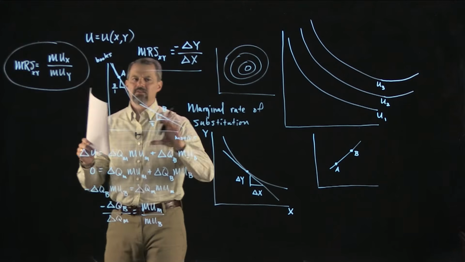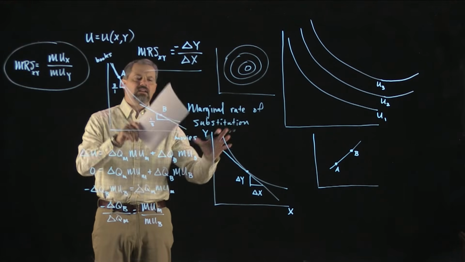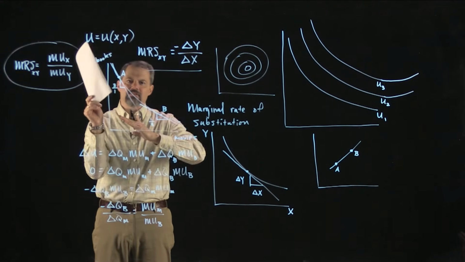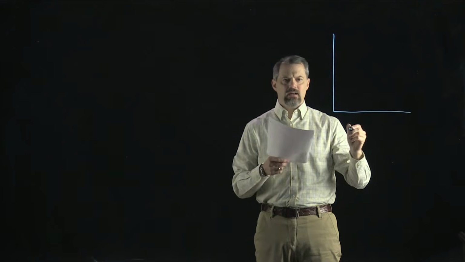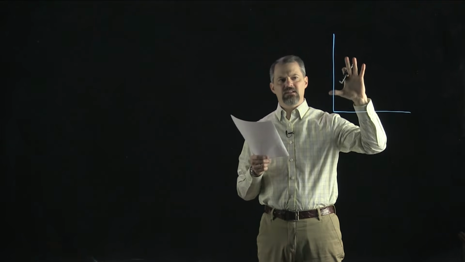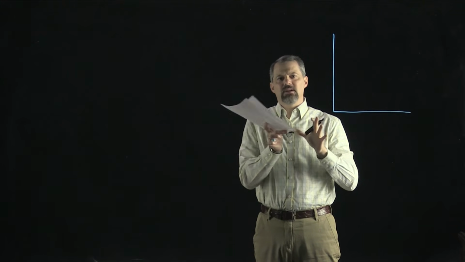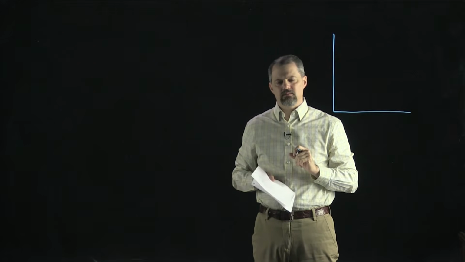Let's clear this off, and then we're going to think about the steepness of the indifference curves and the curvature of the indifference curves. Let's think about the steepness of indifference curves for a second. So if I were to draw a set of indifference curves, and remember, the shape of the indifference curves is going to be determined by the three-dimensional shape of the utility function.